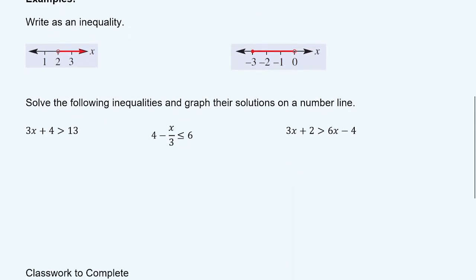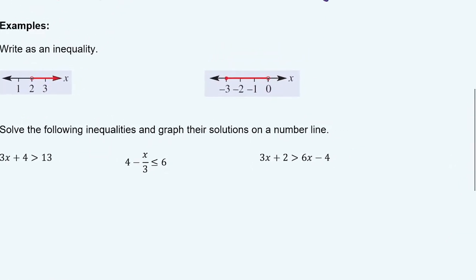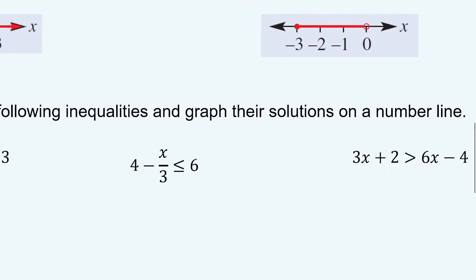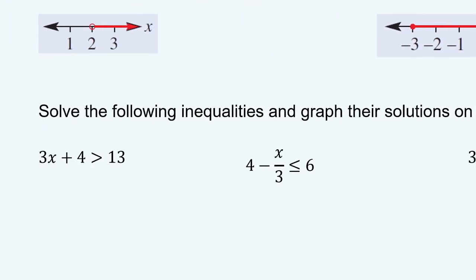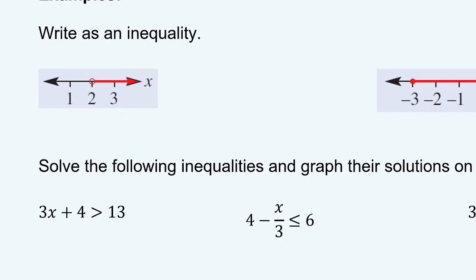Alright, so here's our first one. It's an inequality. You can see there, I'll make it a little bit bigger. We can see here we have an open circle, so it's just going to be either less than or greater than. Now we have an arrow moving up the number line.